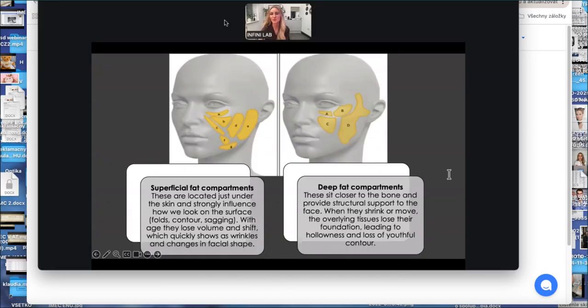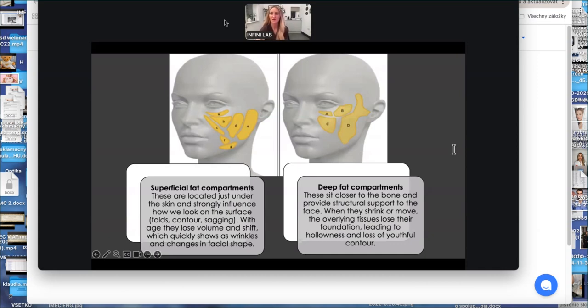Another element of changes with age are the superficial and deep fat pads. Okay, so they are a little different from each other, as you can see, and they also have slightly different mechanisms. Superficial fat pads are mostly linked to our natural aging process.